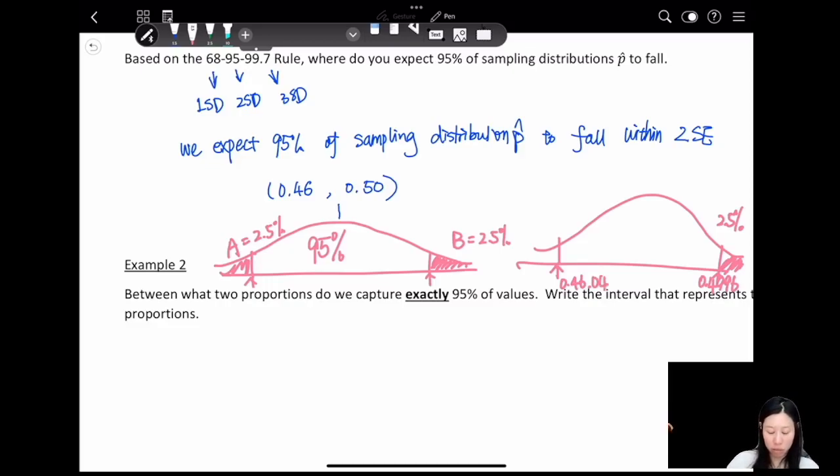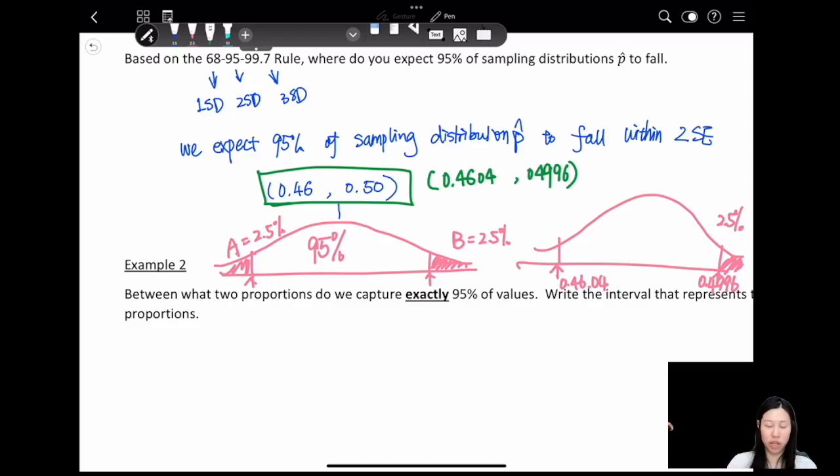So that means instead of writing this approximate, within two standard deviations, to be more accurate, the confidence interval should be 0.4604 to 0.4996, which when you approximate it, you will get 0.46 and 0.50.